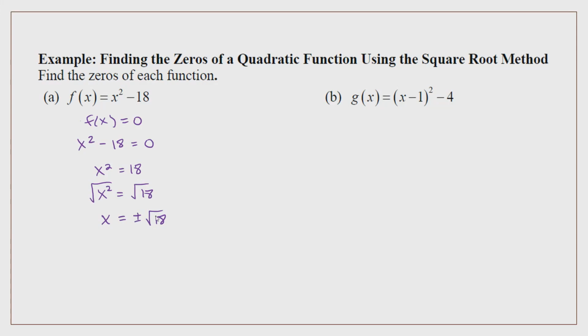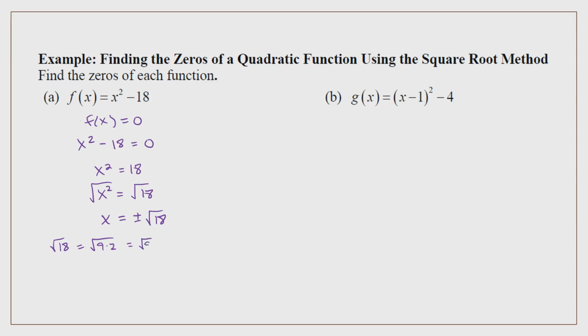Now we want to simplify this a little bit, so we need to simplify the square root of 18. It's not a perfect square, but in order to simplify it, we can identify the perfect square that is a factor of this square root. So we have the square root of 18, and the perfect square that is a factor of 18 is 9, because 9 times 2 is 18.